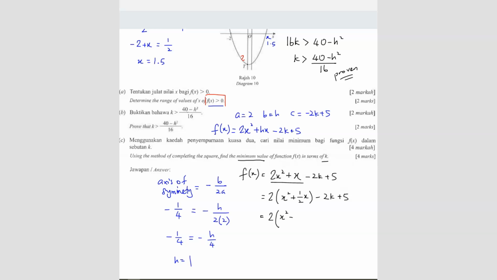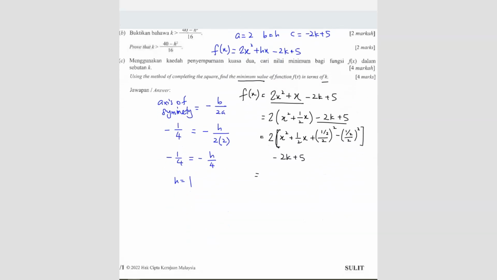So x² + 1/2 x, for those who don't remember, you take this value here, positive 1 over 2, so 1 over 2 over 2. Here is plus, here is minus, so I put a different bracket, and then continue this back part. I write down negative 2k plus 5.